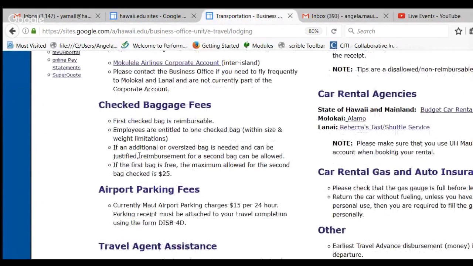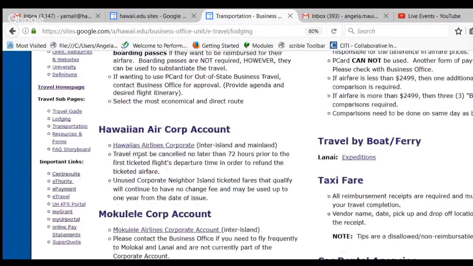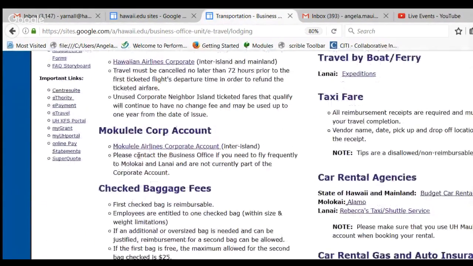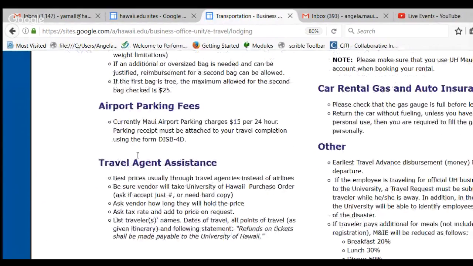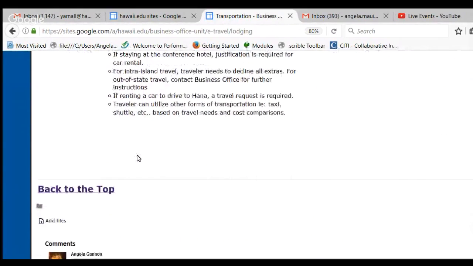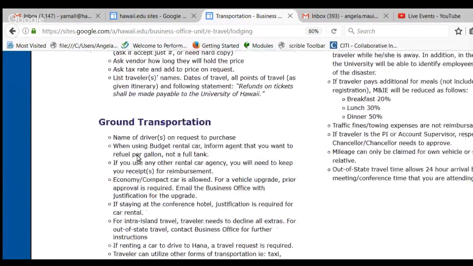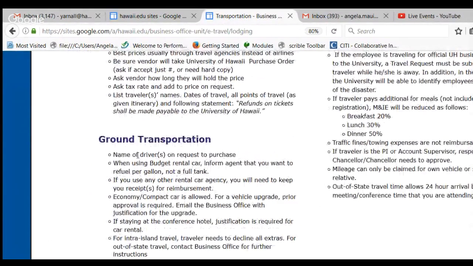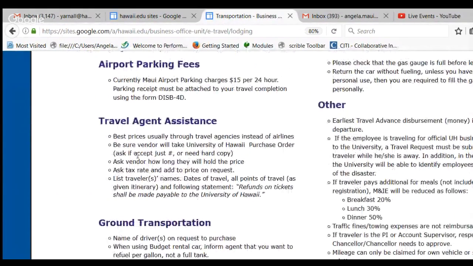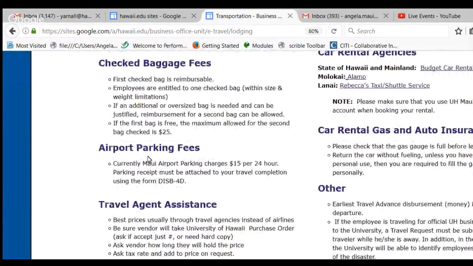A lot of information for different things, yeah. In one page. Does it help you? Yeah. What you need to do? Yeah.